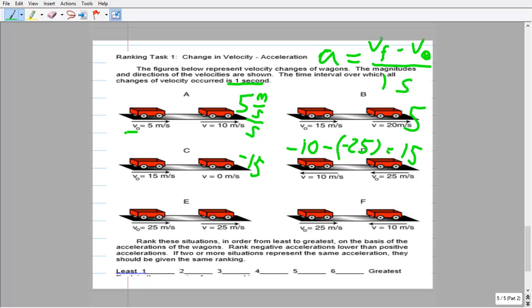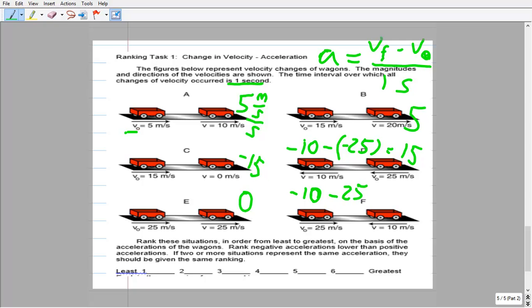Notice in E, I started out going 25 meters per second. I wound up going 25 meters per second. No change in velocity, therefore no acceleration. And finally in F, I start out going at positive 25. I wind up going at negative 10. So again, watch your math. You take your final velocity, negative 10, minus your initial velocity, which in this case was positive 25.